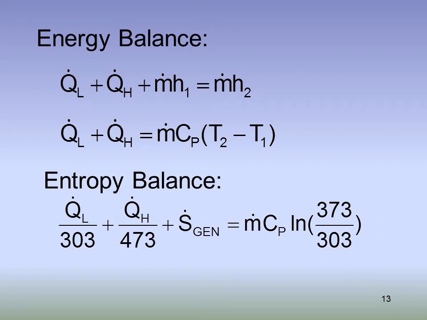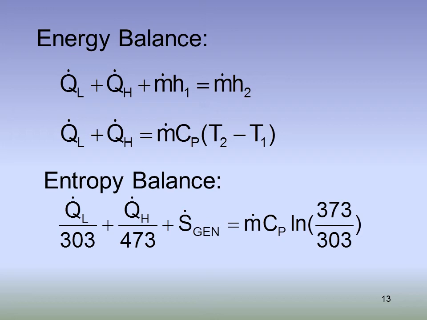I asked you to find the maximum amount of air that can be heated. When we're talking about the best we can do, we need to make that entropy generated go to 0. So this whole term is going to drop out. Set that to 0. Solve the two equations simultaneously, the energy and entropy balance.